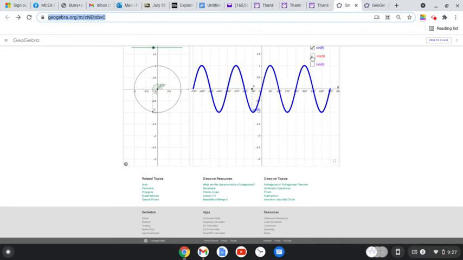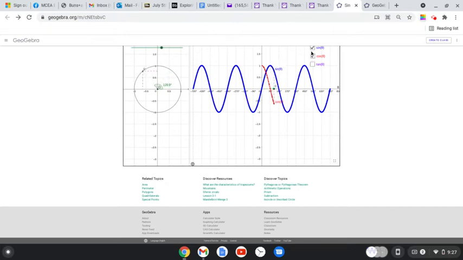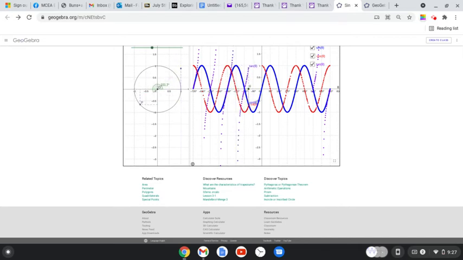Then I can change that to cosine, so they can see the cosine function. You can see the red now and see the differences between sine and cosine. I can add tangent, and when I was learning this, if this was around, I would have loved it. I had to do all of this in my head visually with pictures in textbooks. So it is a great tool.